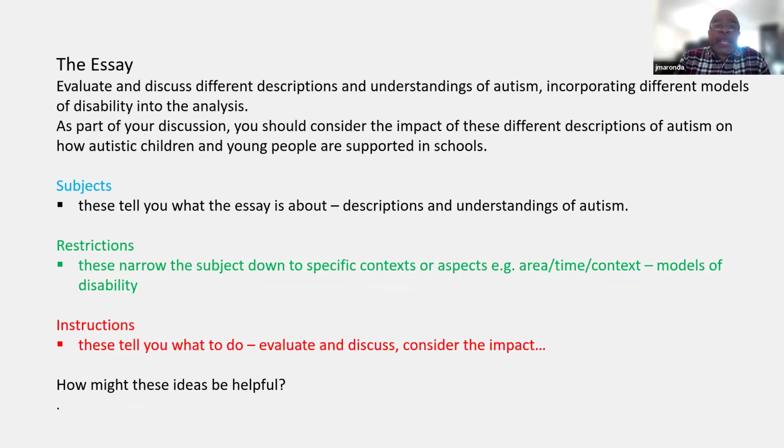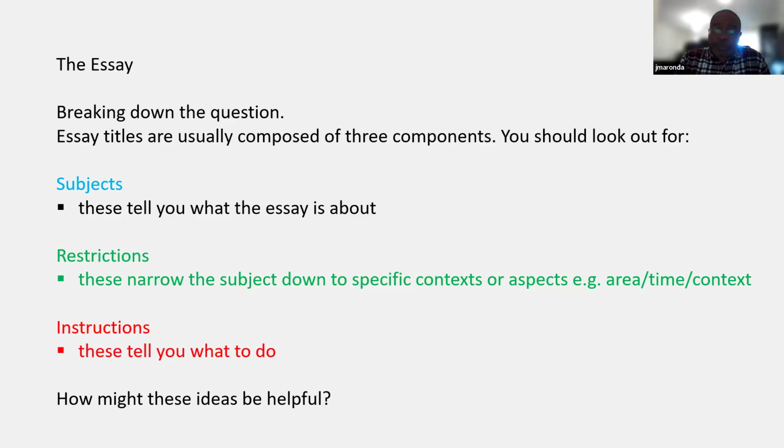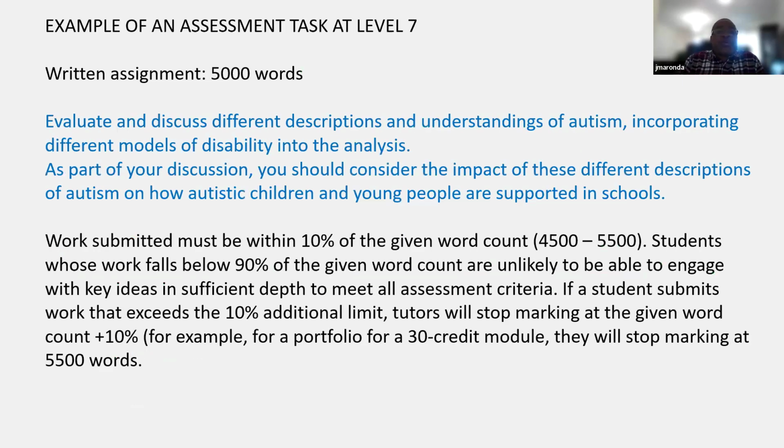However, we need to break down the assignment. For example, when we talk of subject, given this topic, what could be your understanding of what the subject is? Mind you, the subject is what the assignment is about.